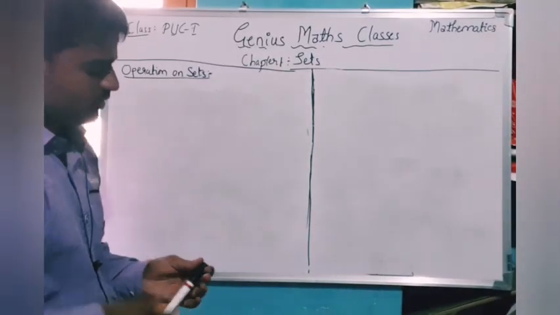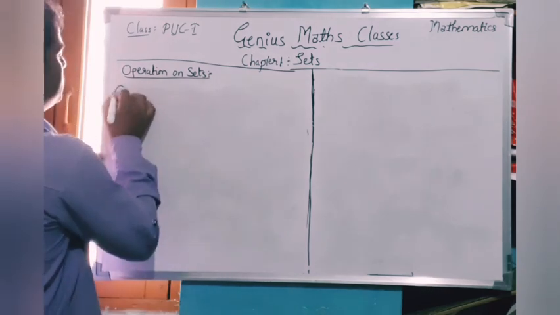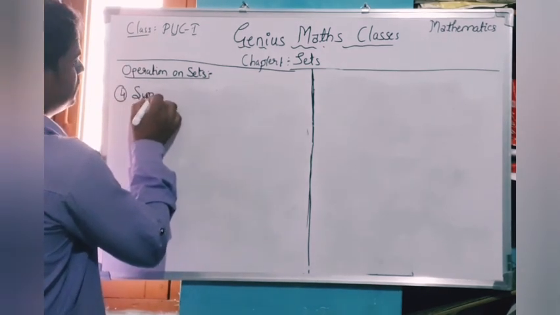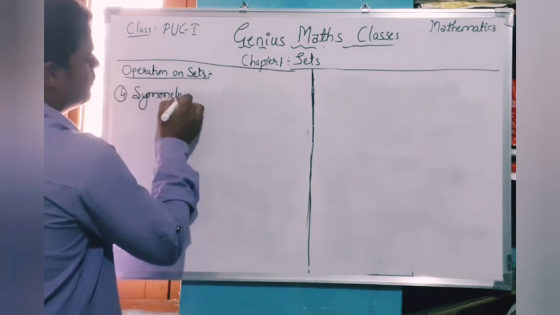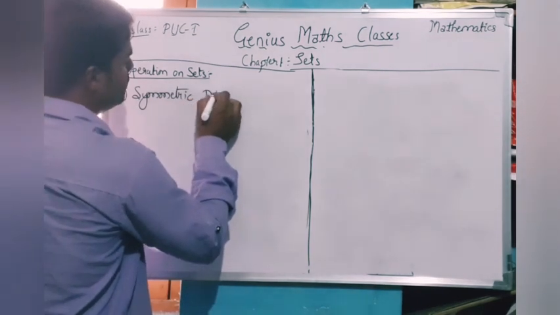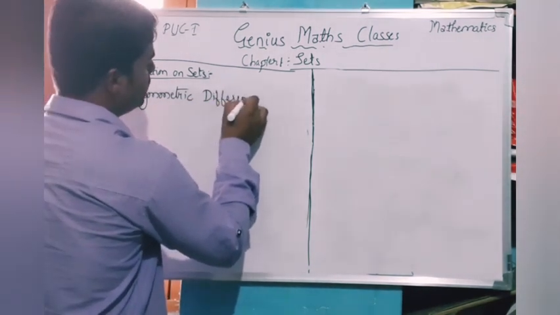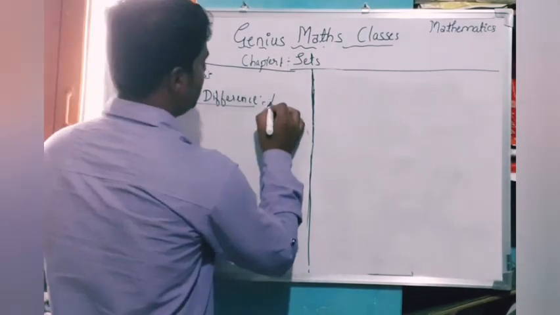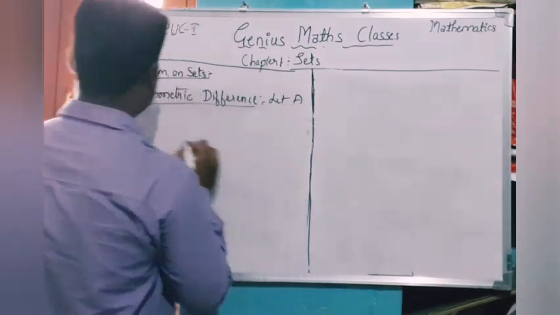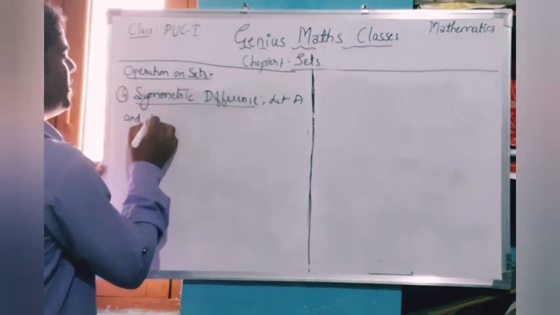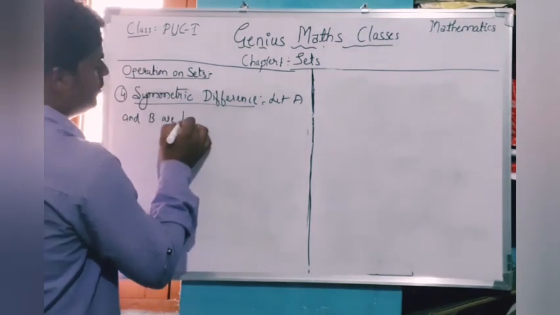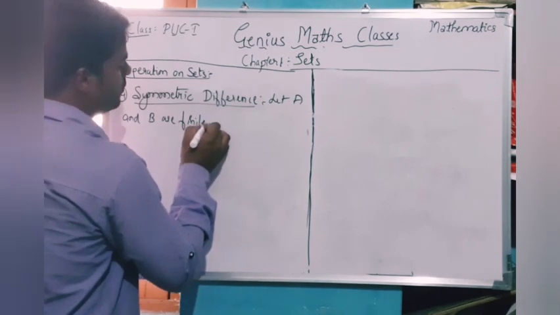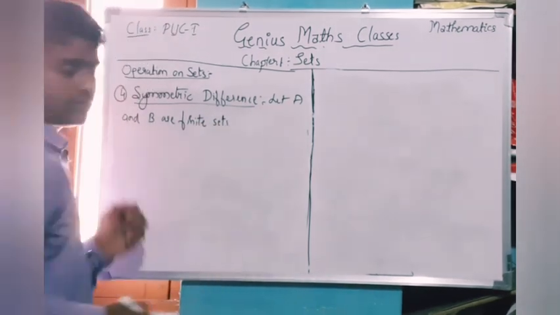The next one, the fourth, is symmetric difference. Let A and B be finite sets.